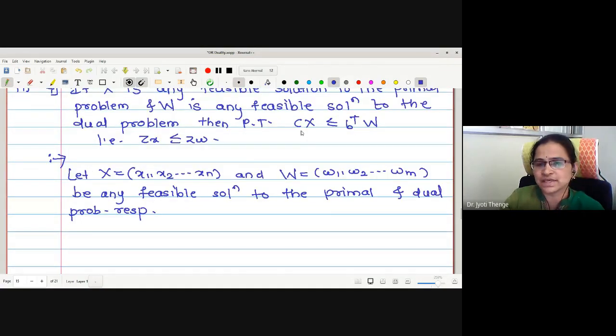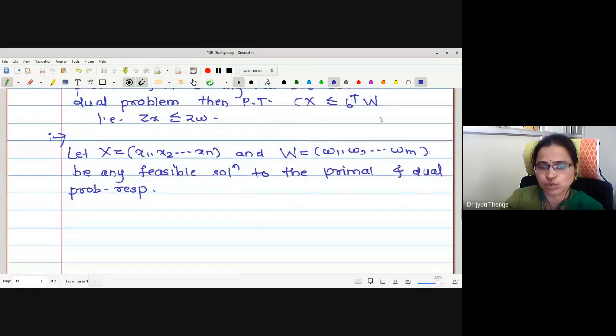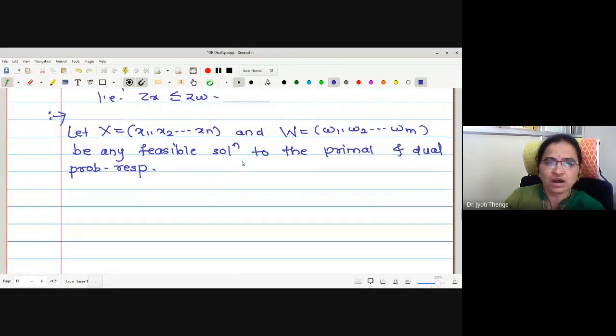Our aim is to show Cx is less than or equal to B transpose W. I think everyone is familiar with what Cx is, what B transpose W is, and what the constants are. Or if you want, I can write the primal LPP and dual LPP in summation form.